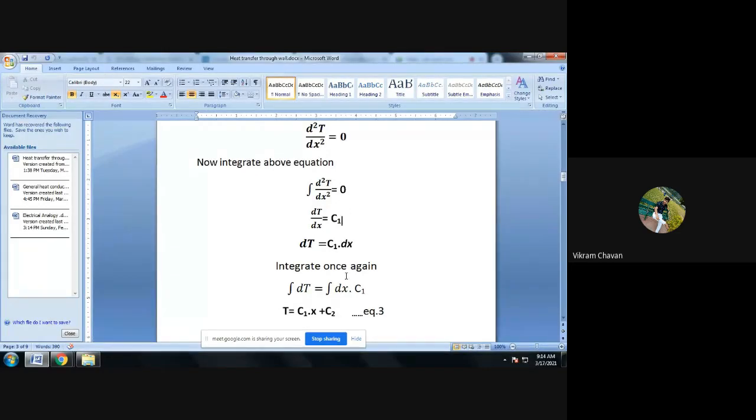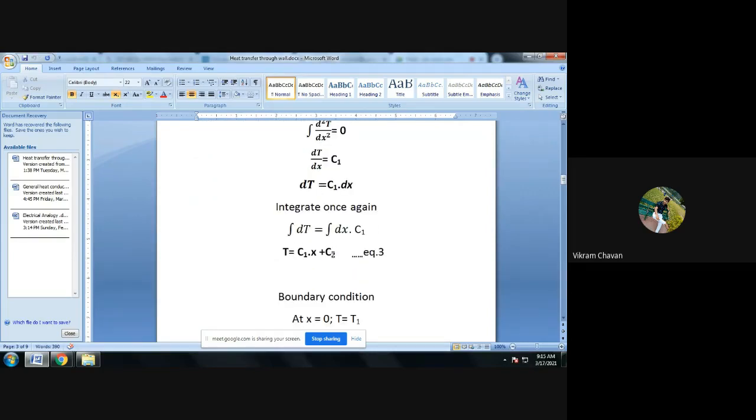So once again we have integrated. The integration of dT will be T only. C1 is the constant, and the integration of dx is x only. So C1 multiplied by x. And since we are integrating once again, we have to add one more constant, that is C2.